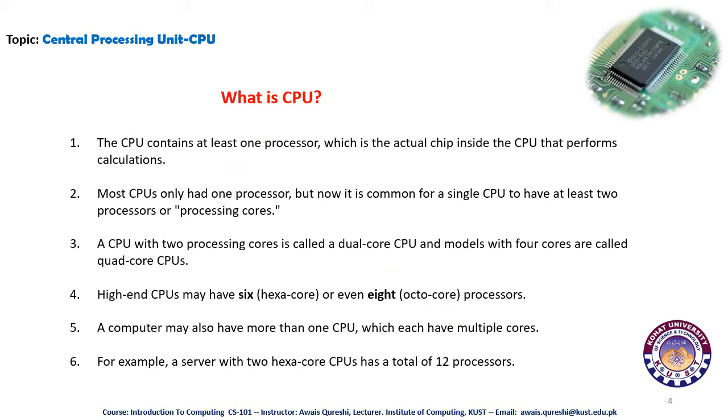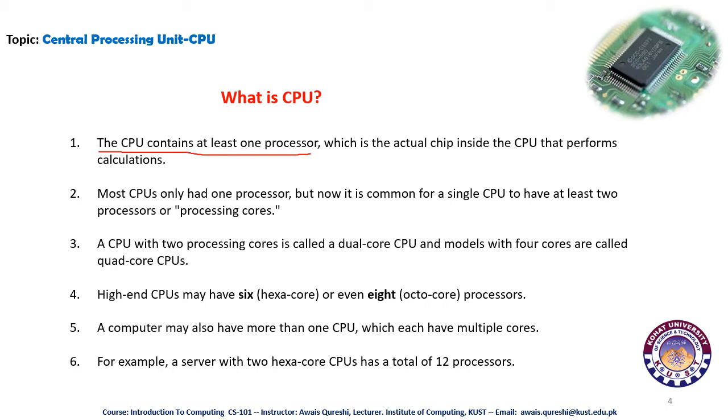The CPU contains at least one processor. This is not the limitation. It means that it contains at least one processor. There are multiple processors that are nowadays coming in modern CPUs, and the processor is the actual chip inside the CPU that performs the calculations.